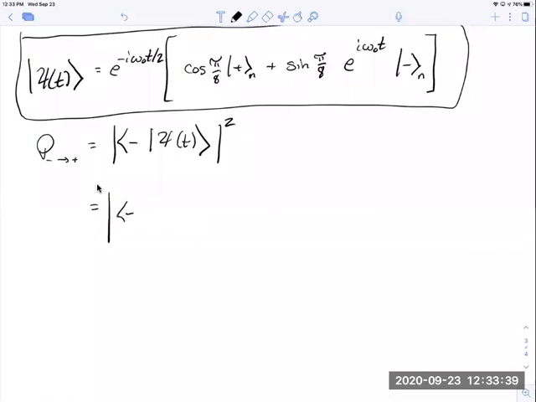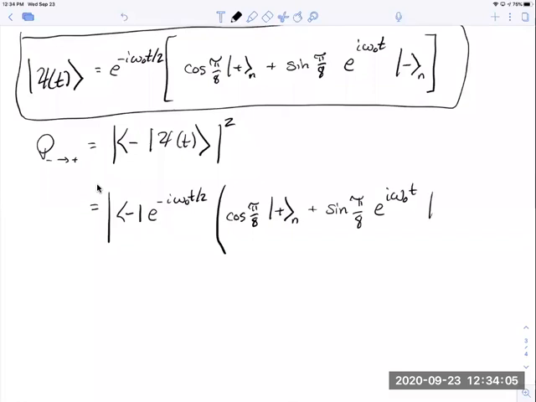This becomes the bra in the minus z hat direction times e to the minus i omega naught t over 2 times the following mess, cosine of pi over 8 spin up in the n hat direction plus the sine of pi over 8 e to the i omega t spin down in the n hat direction, quantity squared.